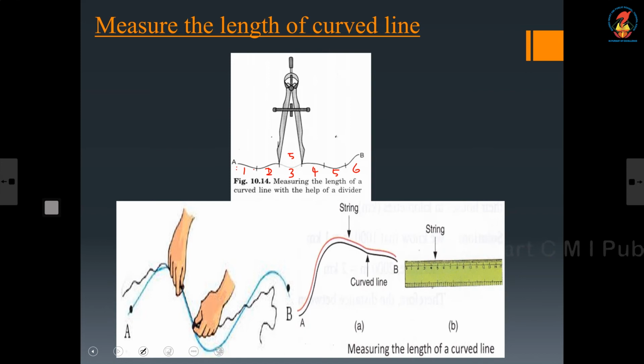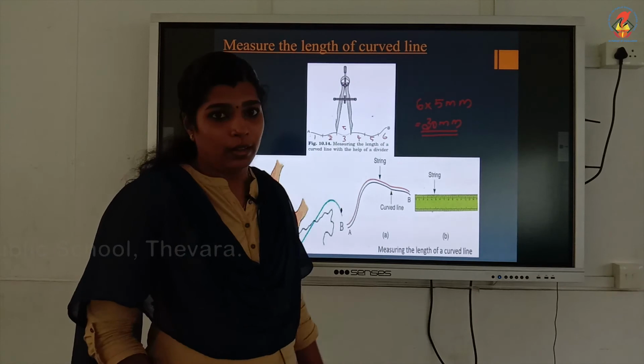So the length will be 6 into 5 millimeter, that is 30 millimeter. That is the length of this curved line, measured with the help of the divider.